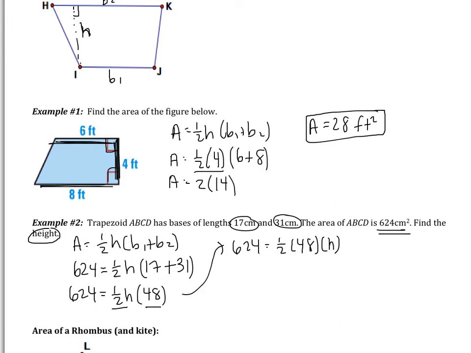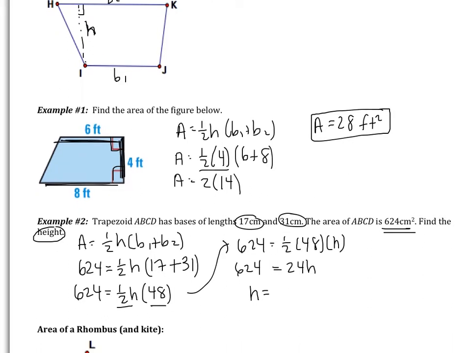I can flip the 2 variables when I'm multiplying. Now, half of 48 is going to be 24, so the right side becomes 24h. Once I divide by 24, I get h equals 26 centimeters. So the height of my trapezoid is 26 centimeters.